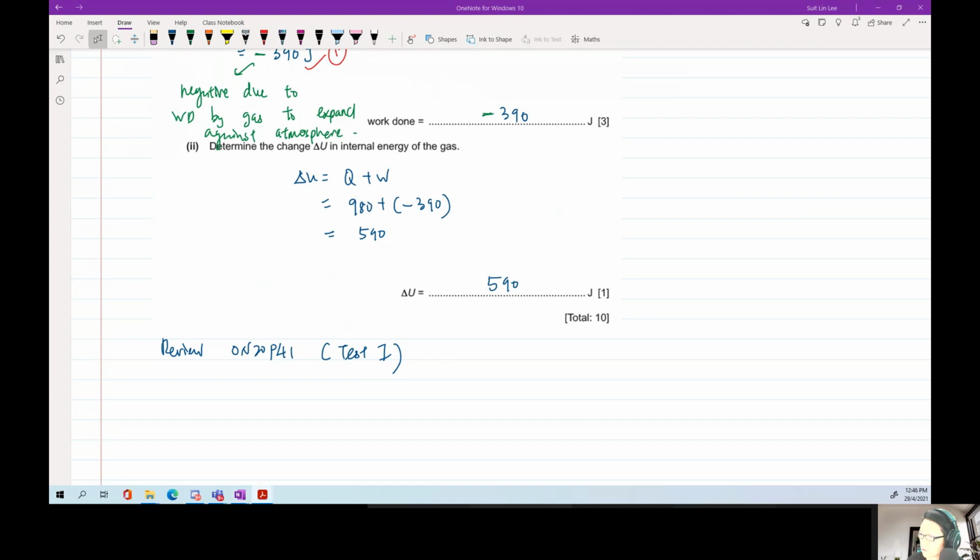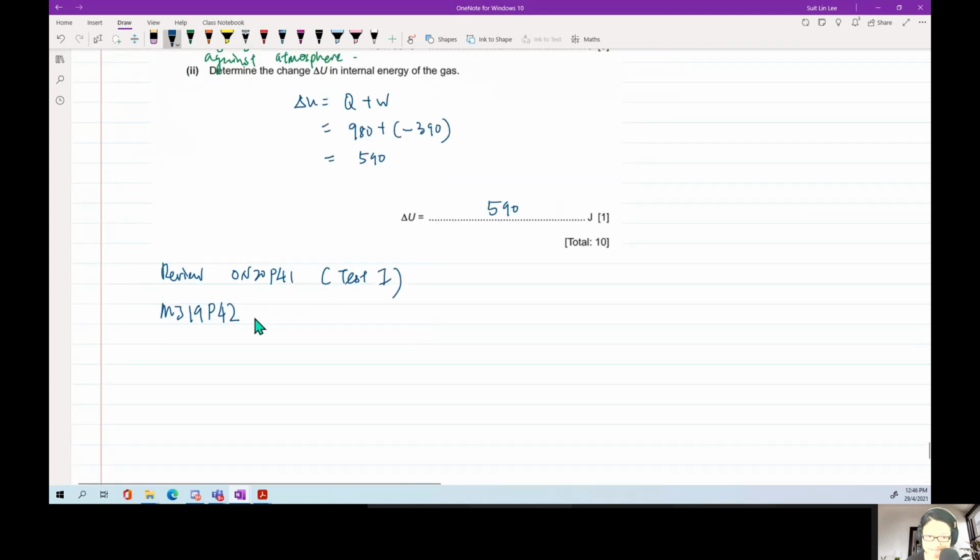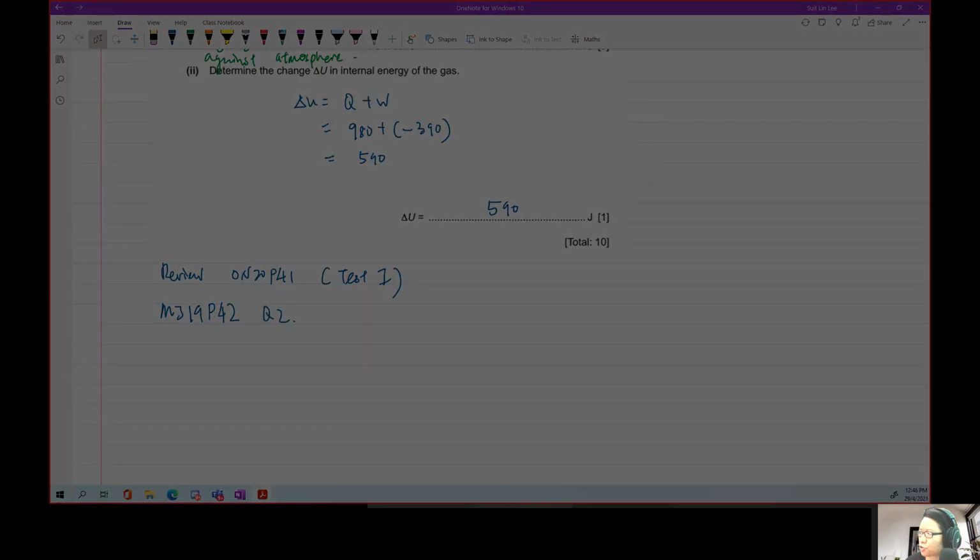Okay, we have done this one. All right, we're going to do MJ19 P42. They are also quite popular. The gas question. Yes. Very popular because the graph looks very fancy, and also because the cycle of thermodynamics is a very important engineering idea.